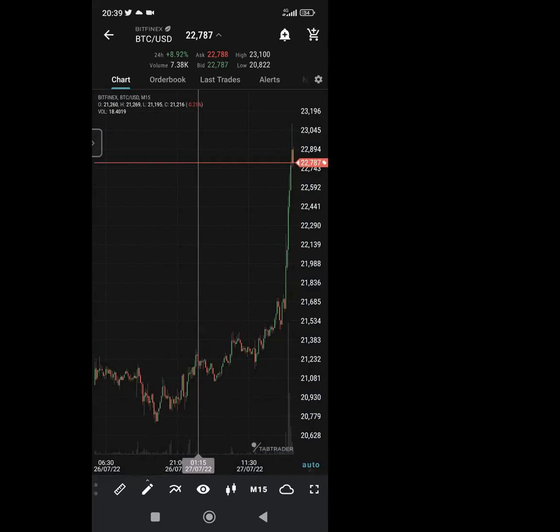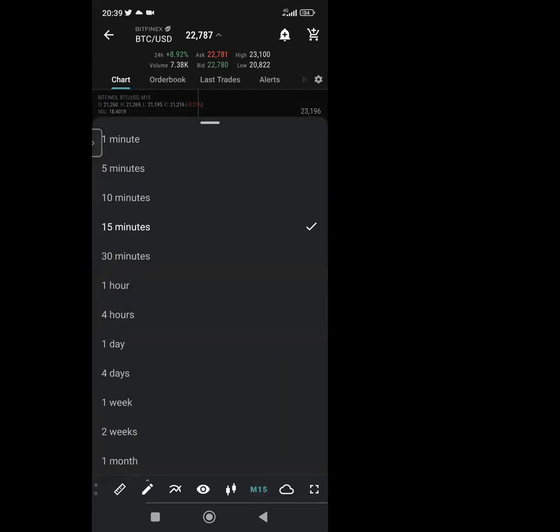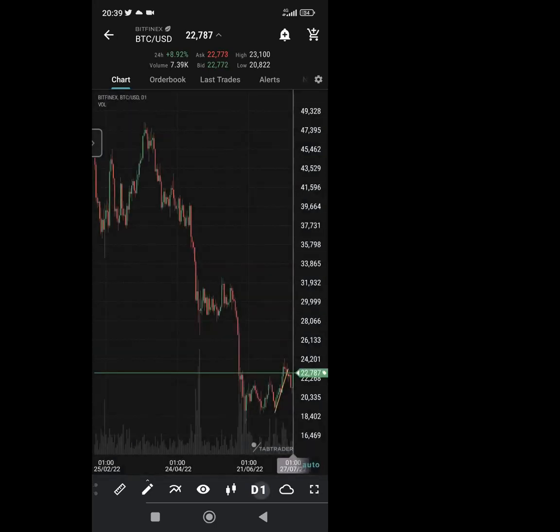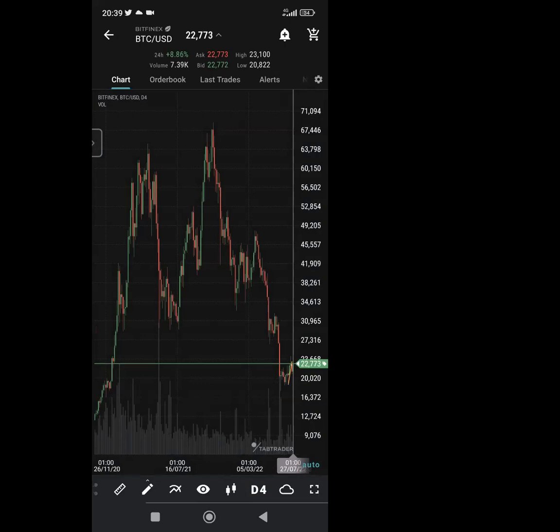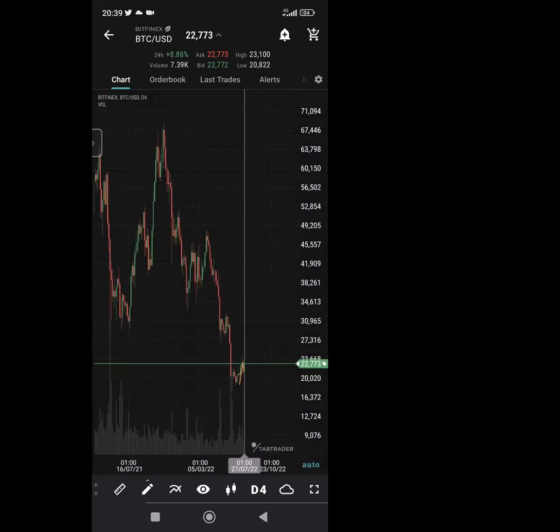You can't make decisions just from 15 minutes. But when you're using like 1 day, 4 days, it has more power. Just put it in your mind that the bigger time frame has more effect.